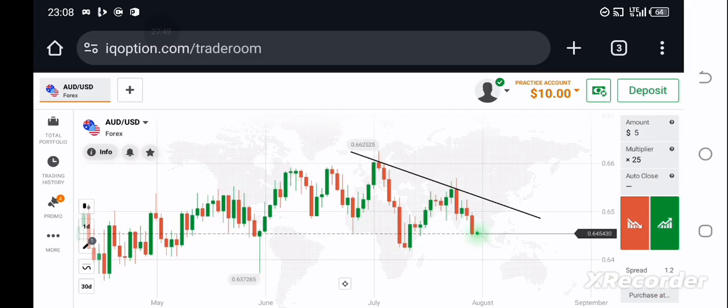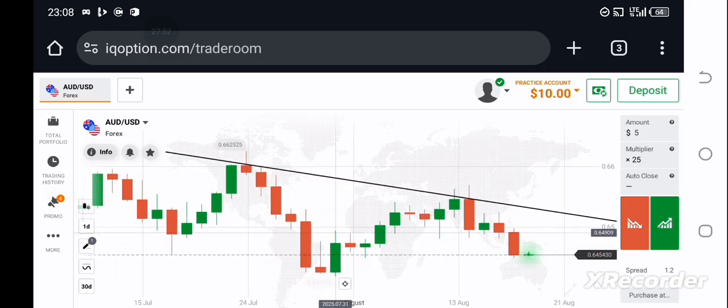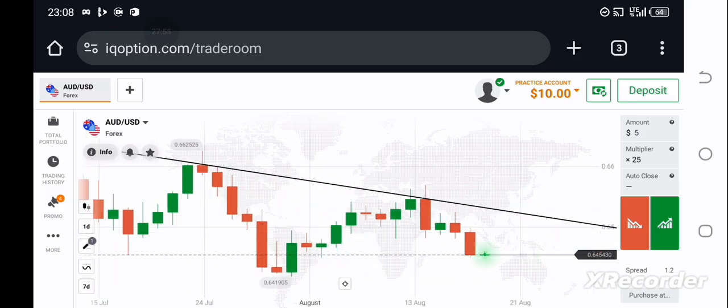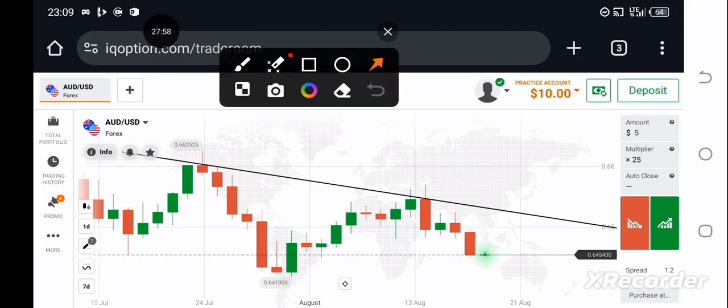So if you are looking at the 1-day chart also, you can see that there is a pullback or a rejection at this particular zone. Okay, there is a rejection here on the 1-day chart. Okay, so the market may go up a little bit and then reverse again because of this particular rejection zone.